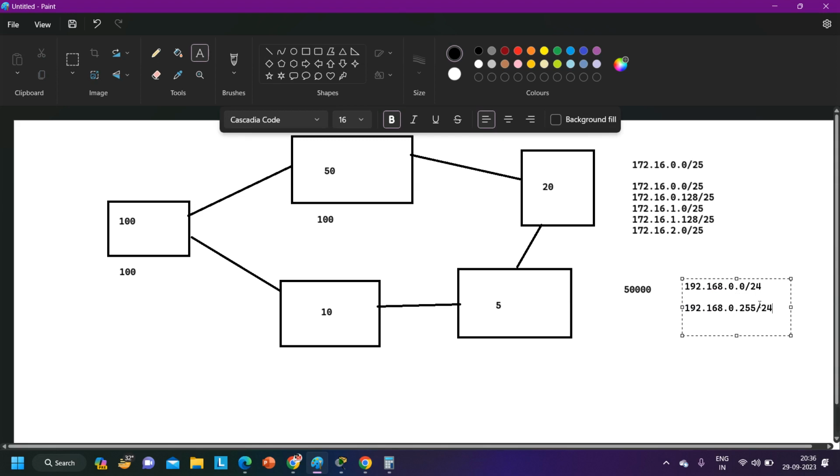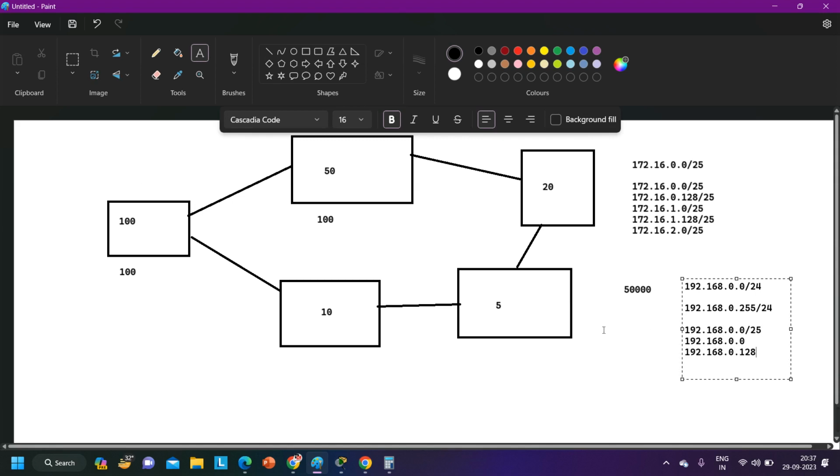If you subnet this network 192.168.0.0/25, you have only two networks: one is 192.168.0.0 and the second one is 192.168.0.128. You have only two networks, but you need 5 subnets.